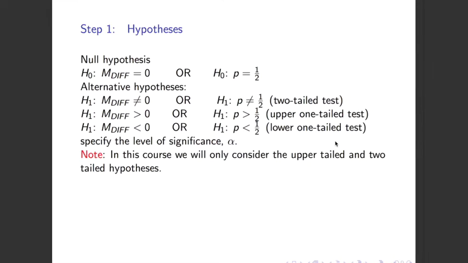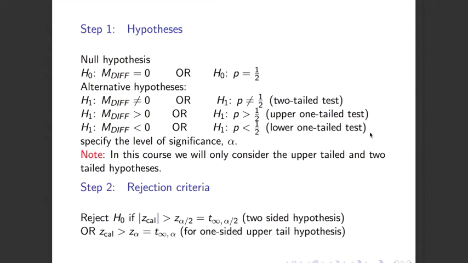But again, in this course, we will only consider the upper tail and the two-tailed hypothesis. We're going to forget the lower one-tailed test. Then we have the rejection criterion, and the rejection criterion says that if it's a two-sided hypothesis, the absolute value of the test statistic should be greater than the critical value for us to reject, or for the one side as follows. So same as before.